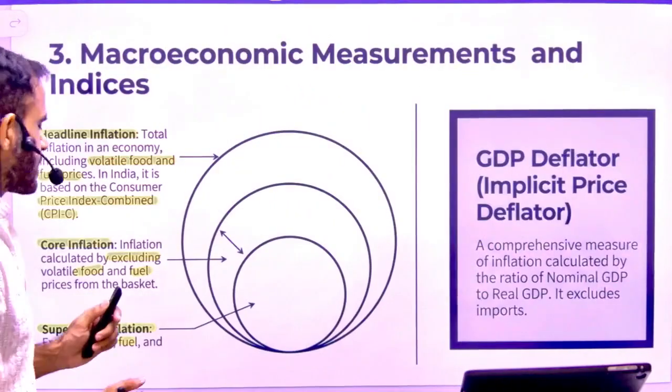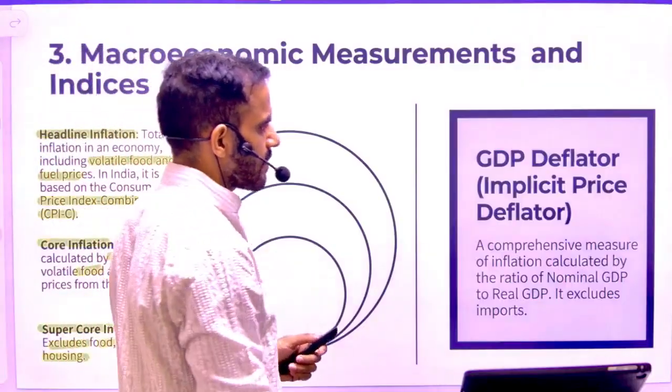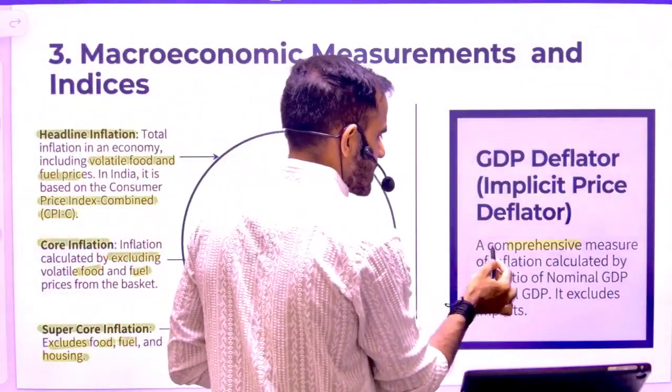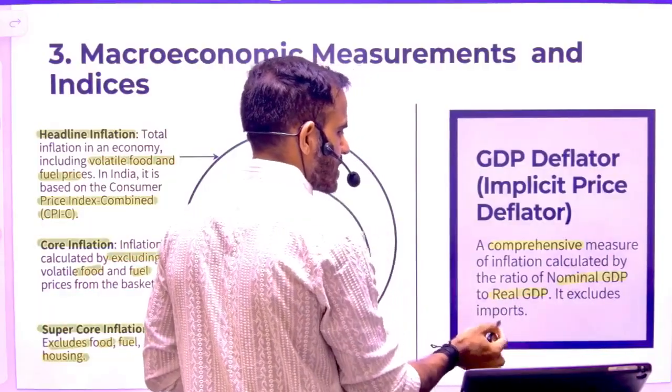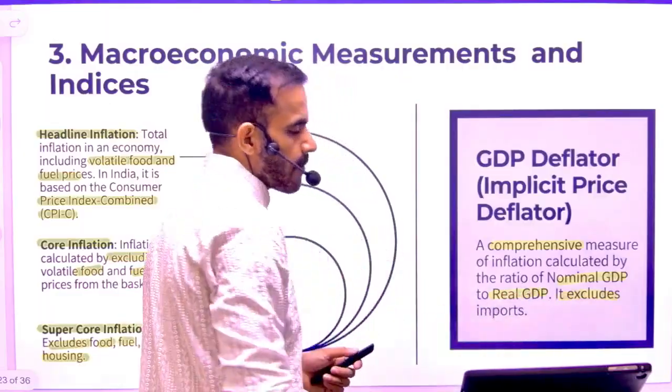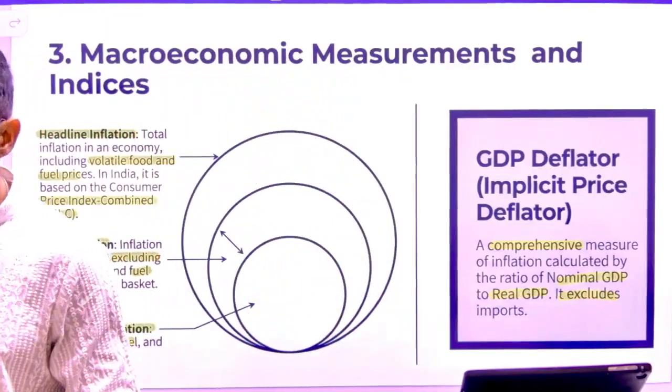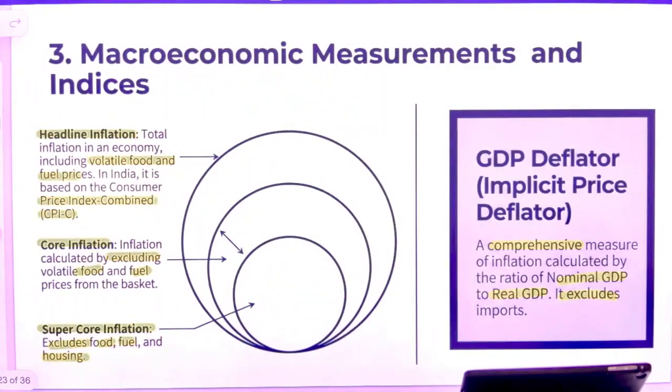Now just read this. What is GDP deflator or implicit price deflator? It is a comprehensive measure of inflation calculated by the ratio of nominal GDP and real GDP. It excludes imports. Why? Because the definition itself says that it covers only the domestically produced items.